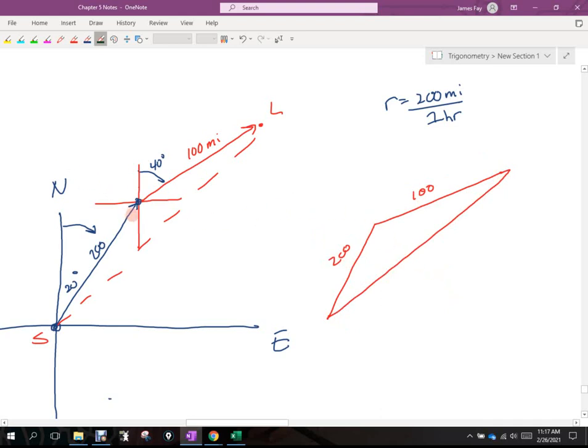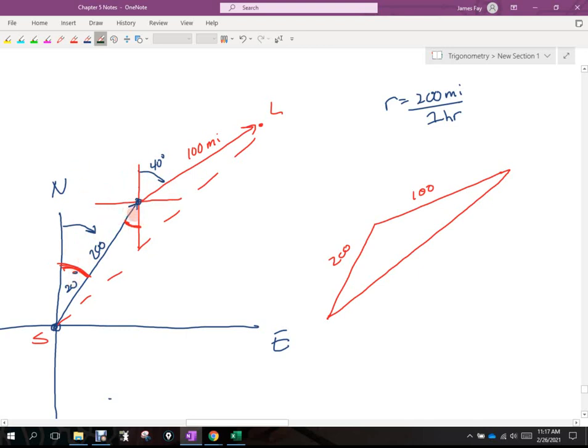If this is 20 degrees right here, how big is that angle right there? Wouldn't that be 20 degrees as well? Those are alternate interior angles. If we look at the north to south lines on both sets of axes, the 20 degree angle there and the 20 degree angle there are alternate interior angles.